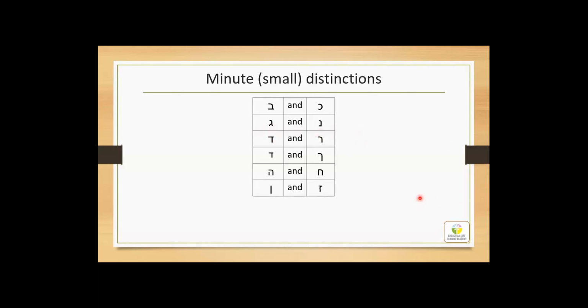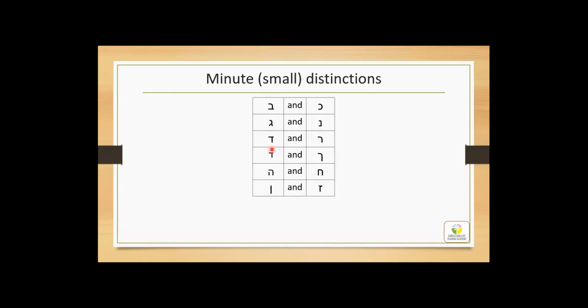Therefore, if I can advise, if there is a word with a gimel or with a nun, learn the difference, so that you will automatically know that is a gimel, that is a nun. When we get to nun, we'll learn that one. Okay. All right.